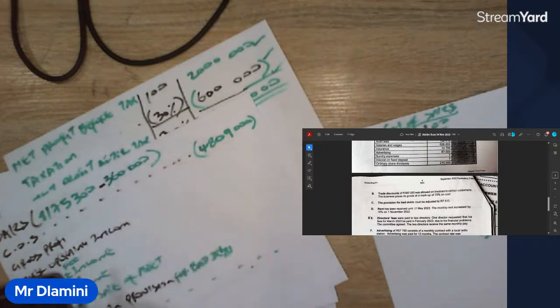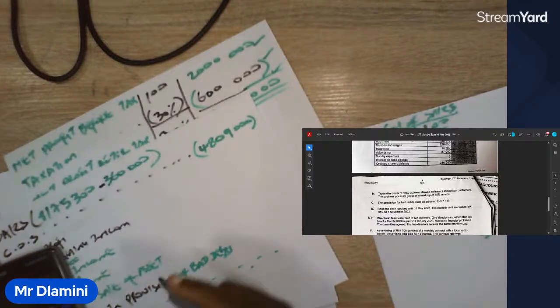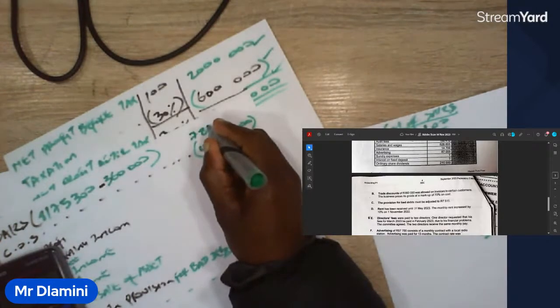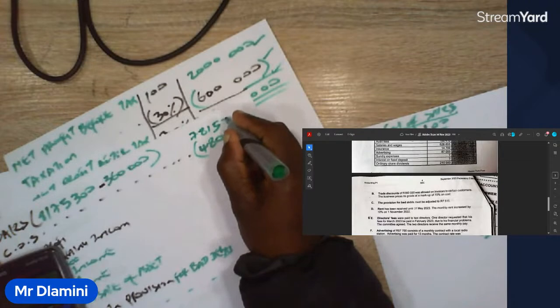Then you get now the net sales. So we are saying now 817,500 less 360,000. Then you get 781,500.